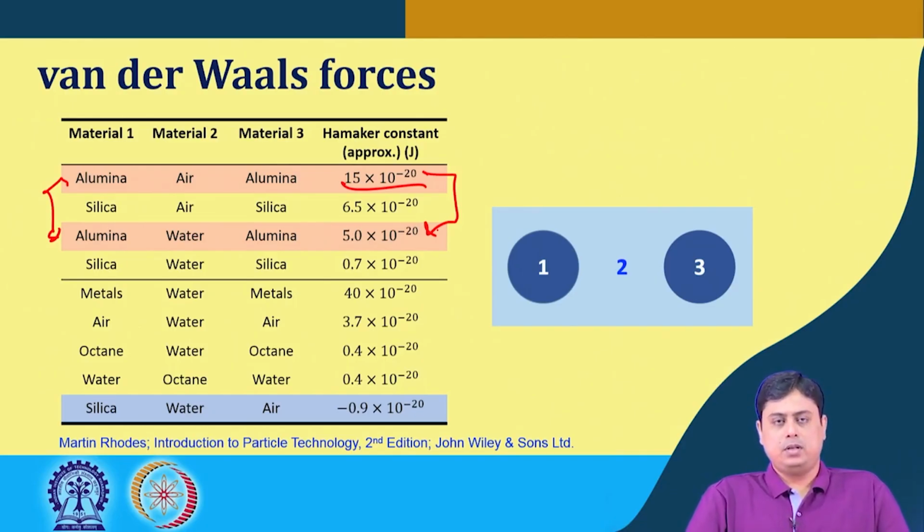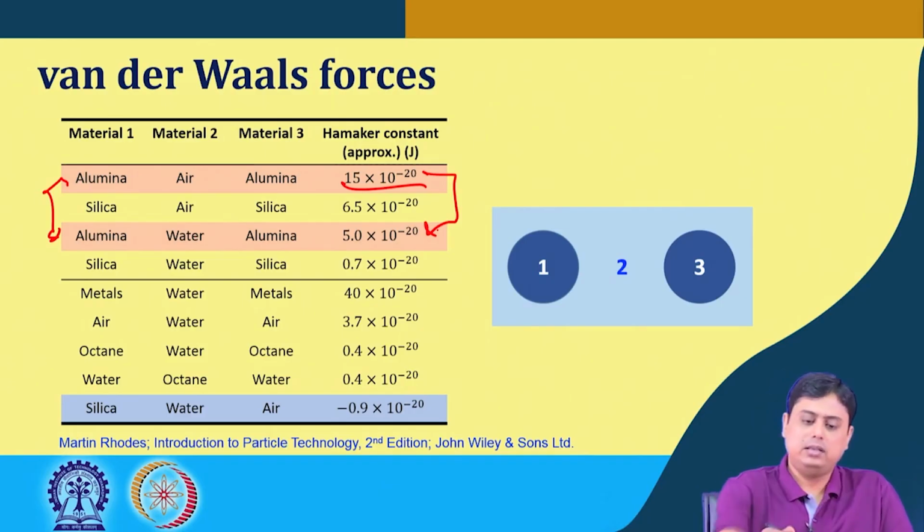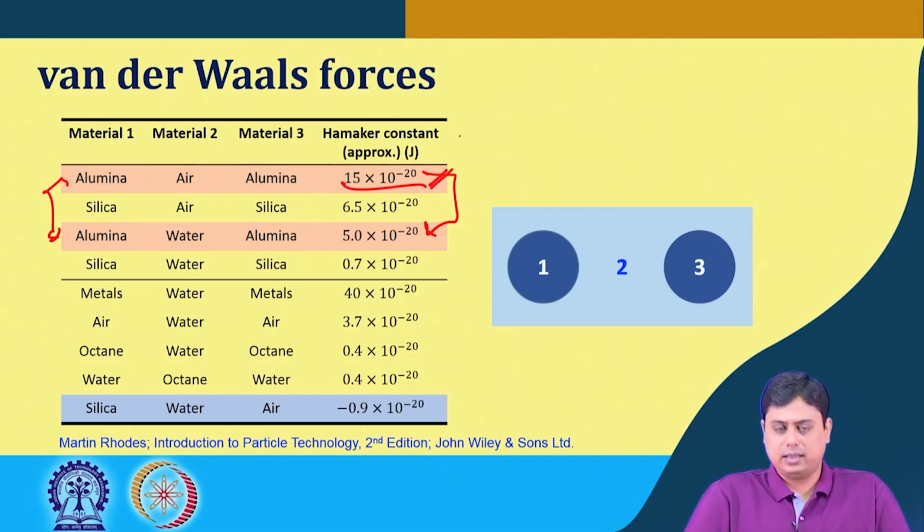Now, this has implications in our application. The scenario is that these fine powders of alumina, when they are in contact with air, are cohesive in nature, and that is due to this van der Waals interaction with a higher Hamaker constant, which means higher interactions, so they are more cohesive and difficult to flow.